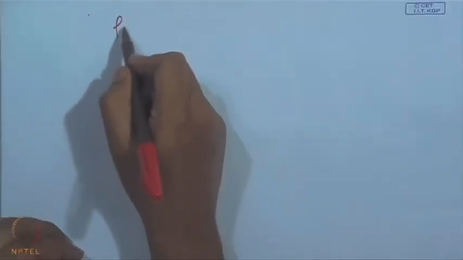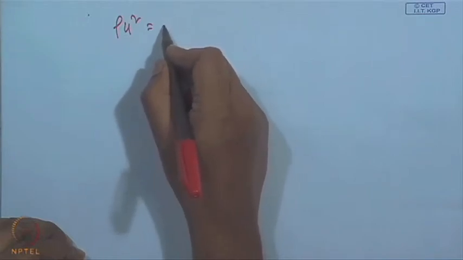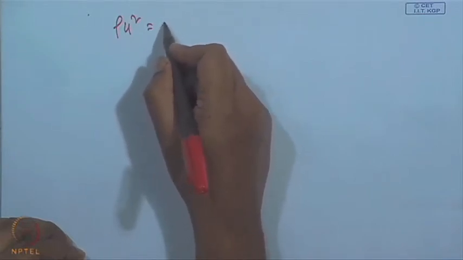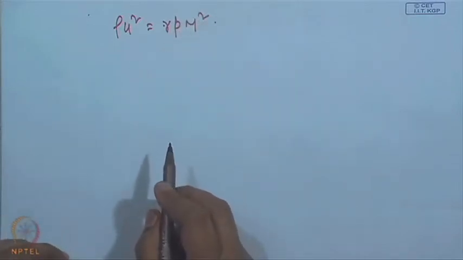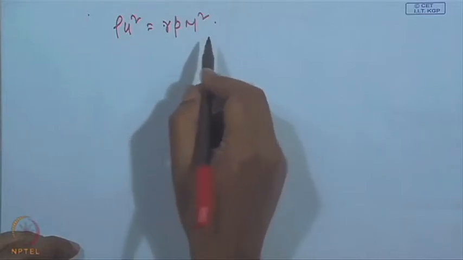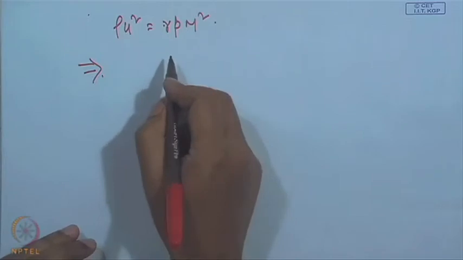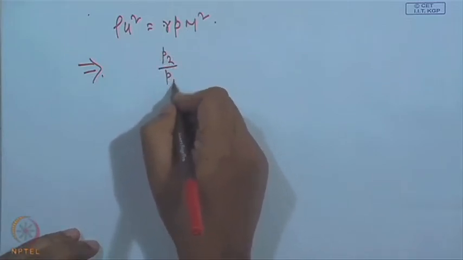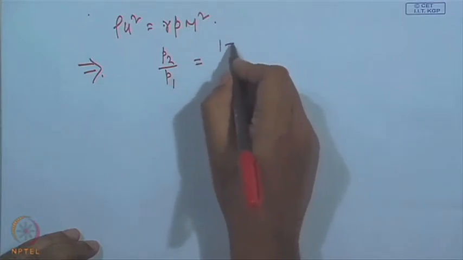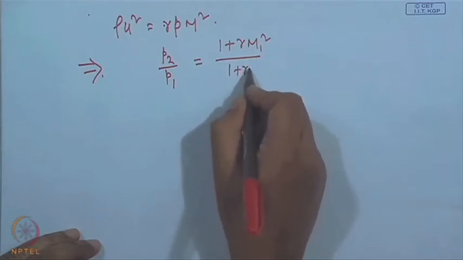Now, rho u square, as you have seen, is equal to gamma p M square. So, the momentum equation can be written as P2 by P1 equal to 1 plus gamma M1 square by 1 plus gamma M2 square.